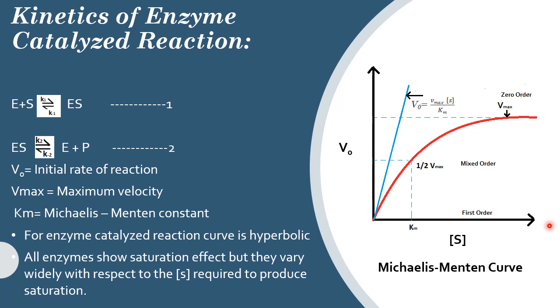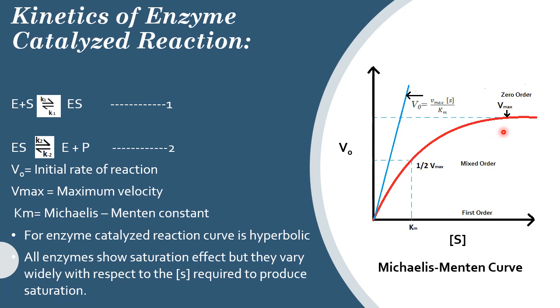However, as the substrate concentration increases, there is less increase in the initial rate of reaction, and now it is no longer proportional to the substrate concentration. In this zone, the reaction is mixed order. When there is further increase in substrate concentration, the rate becomes constant and independent of substrate concentration.